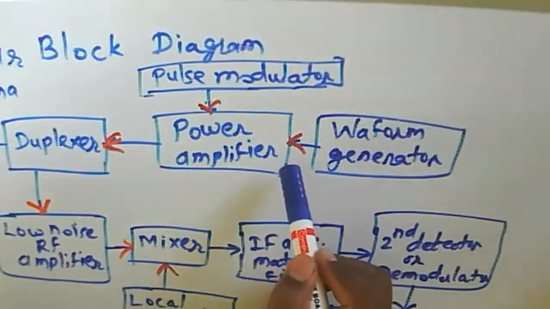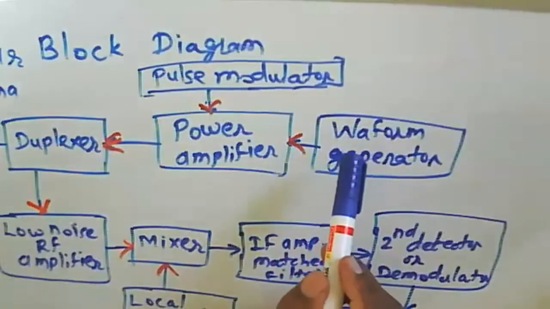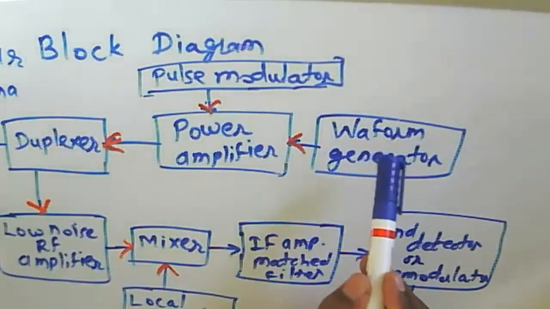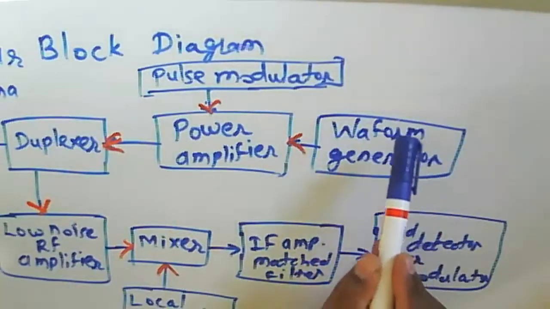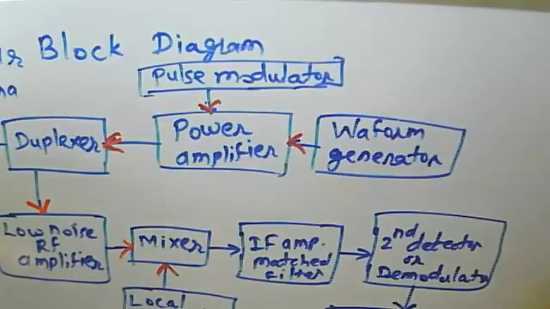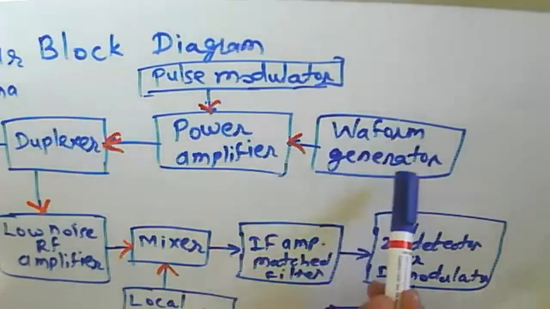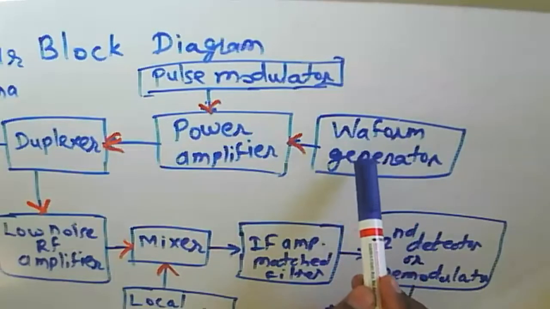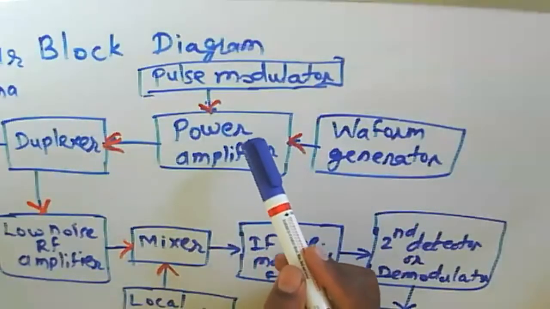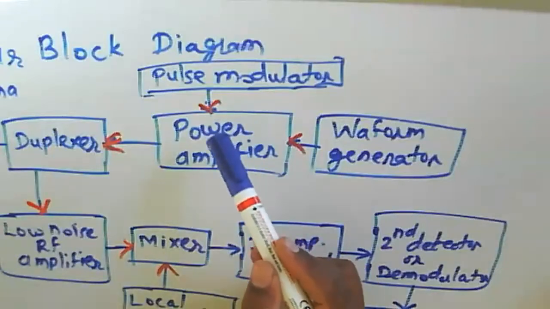Next, we consider the signal produced by the waveform generator. Generally the waveform generator produces a low power signal. If it is a magnetron, we can use a high power one. But if it is a low power pulse or waveform, it has to be amplified through a power amplifier.